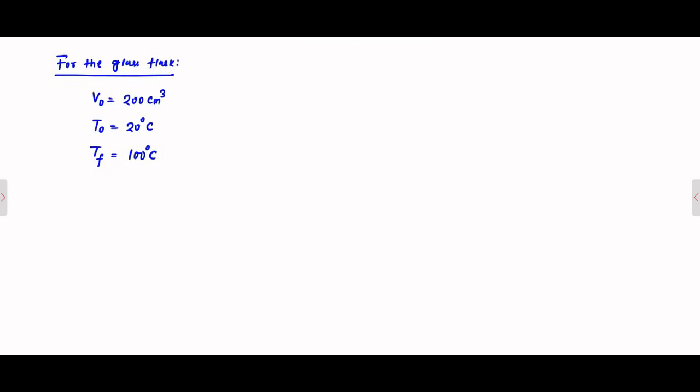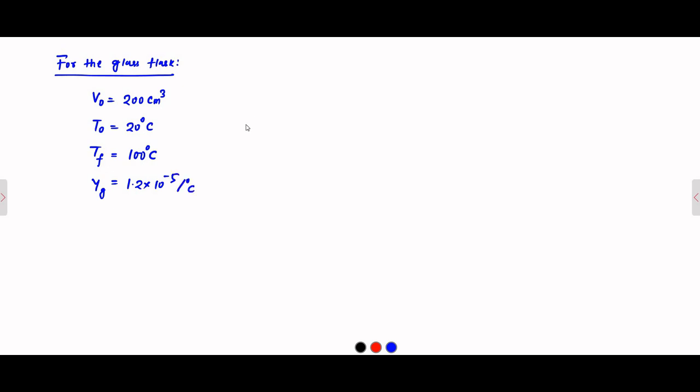Now the gamma value here for the glass flask is equal to how much? 1.2 into 10 to the power minus 5 per degree Celsius.